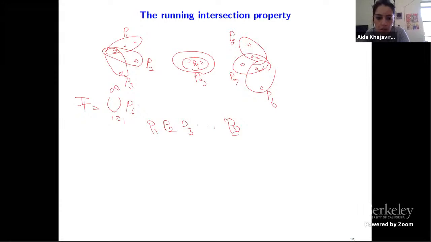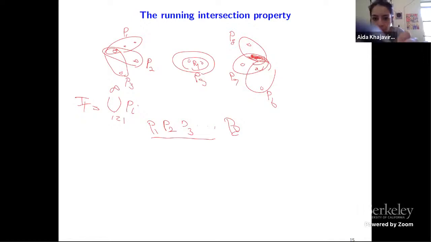I claim P1, P2, P3, up to P8 is a running intersection ordering of these guys. Why? If I look at P8 intersected with all the previous elements in this ordering, in this case I get these two nodes, which are already a subset of P7. Good. Then if I remove P8 and look at P7 intersected with the remaining guys, I get this one node, a subset of P6.